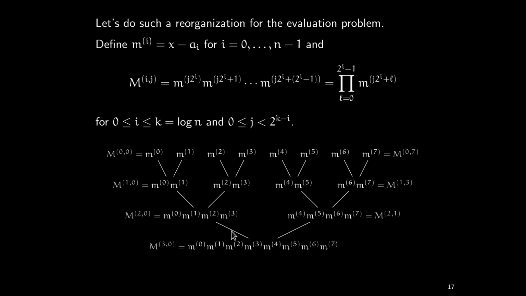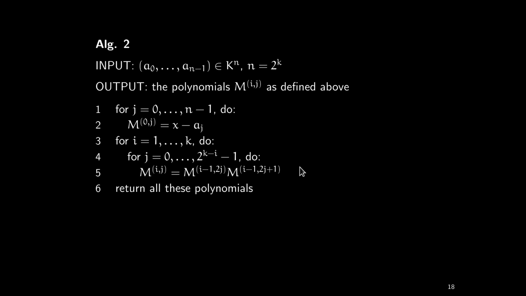And this one I obtain from multiplying these two together. So I construct this multiplication tree bottom up, where in this picture the bottom is on the top, and so in this picture it should be top down, I should say, from the leaves to the root. Okay, and I don't even need a recursion, because it's all very structured and regular.